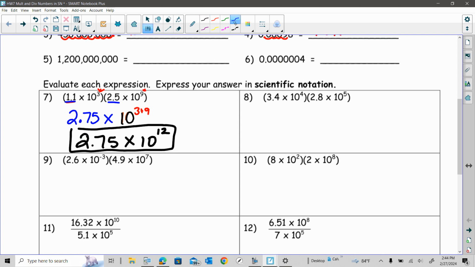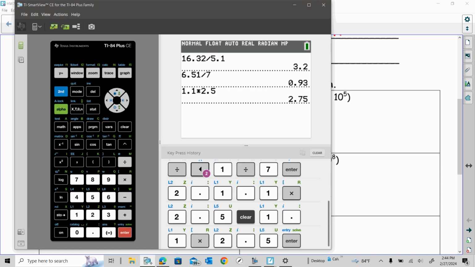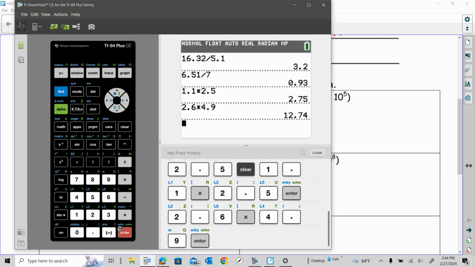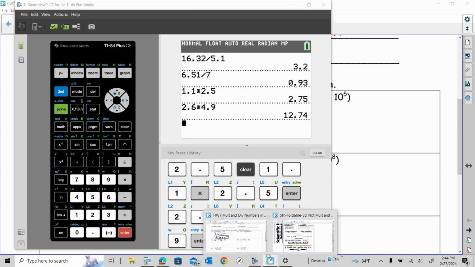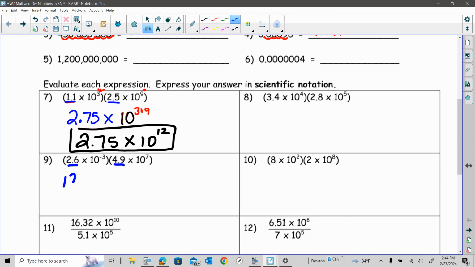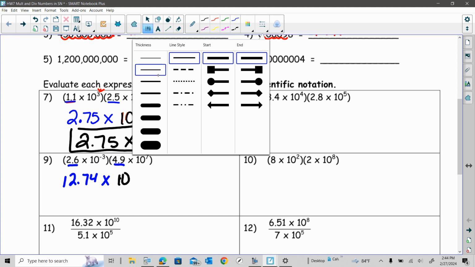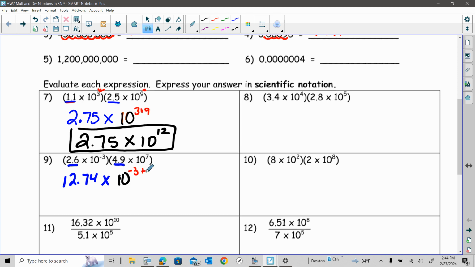So here on number 9, 2.6 times 4.9, and we get 12.74 times, we keep our base 10, and our exponents here are negative 3 plus 7.